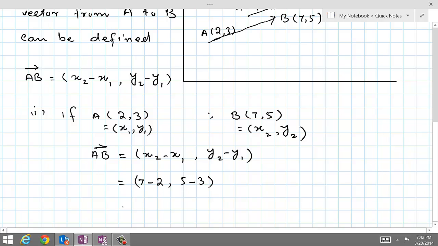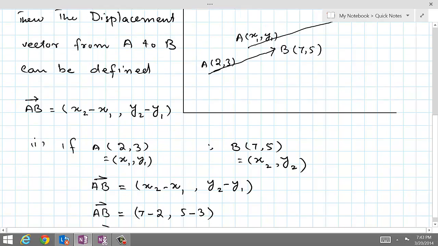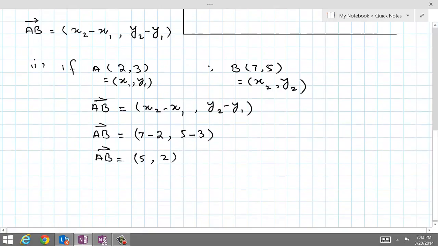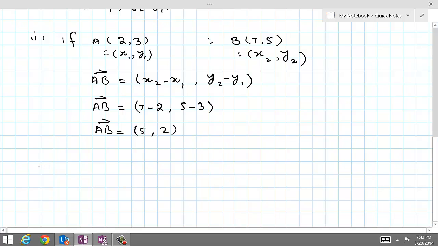So the required displacement vector would be 5 and 2. This would be the vector AB. And now what is the next question? The next question is find the magnitude of vector AB. That's question number 2.